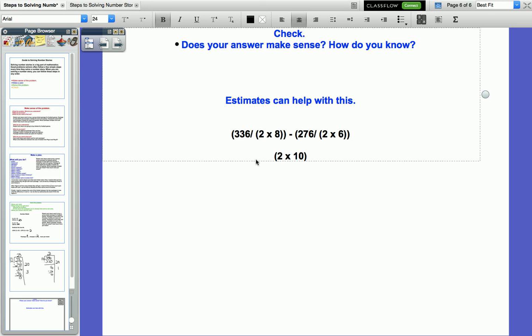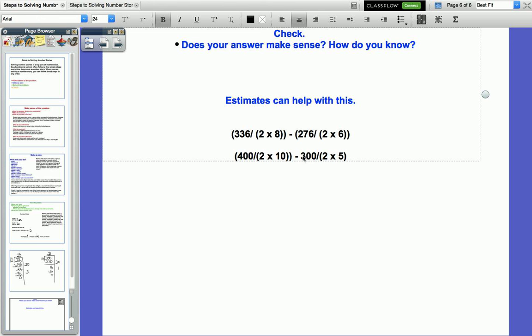I'm going to round it down to a lower 100. And then 2 times 6 I'm going to do as 2 times 5. And I'm going to round 276 to 300.